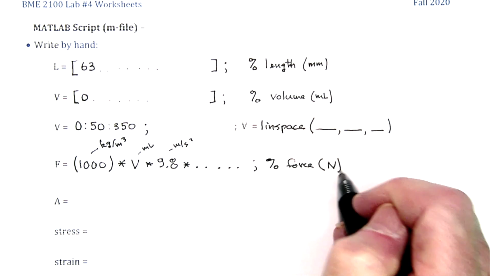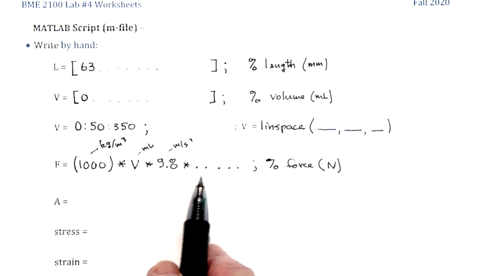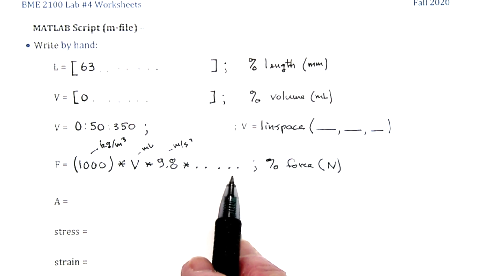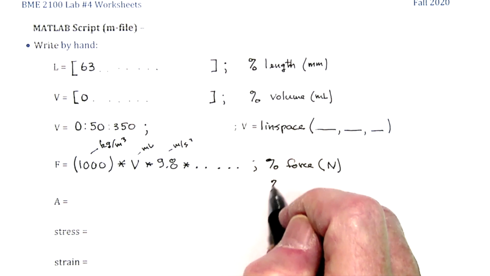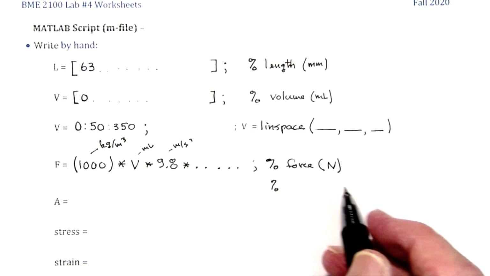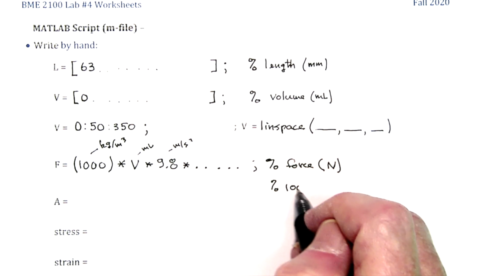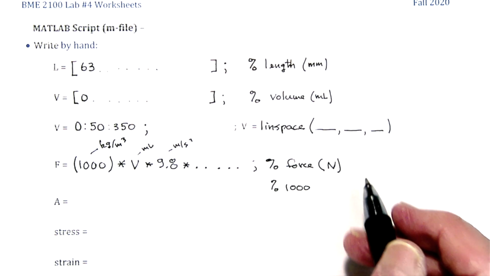Now, for this conversion that you're going to put in here, you're going to divide or multiply by 100 or 1,000 a couple of times or something like that. You could put in, to finish out this line, 1,000 if that's what you're going to multiply by.